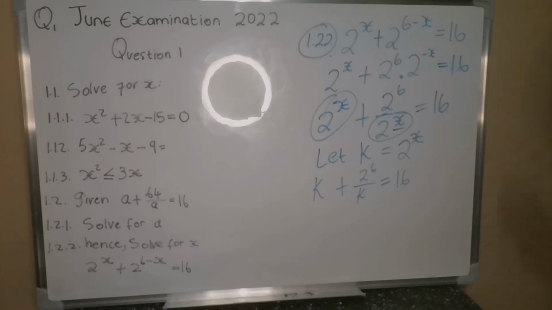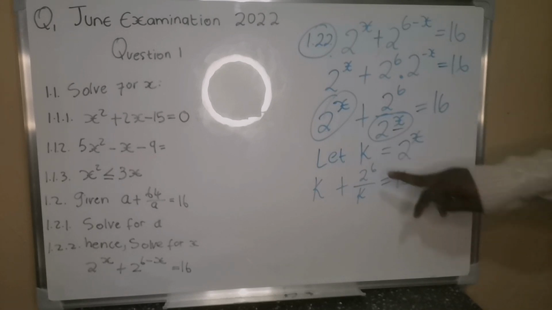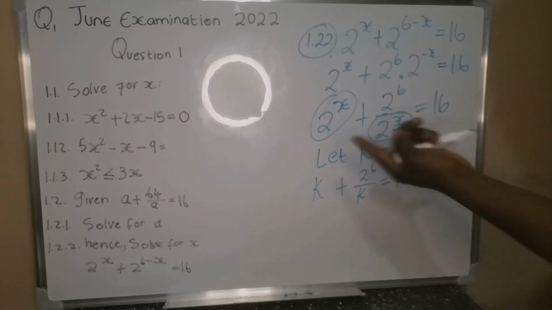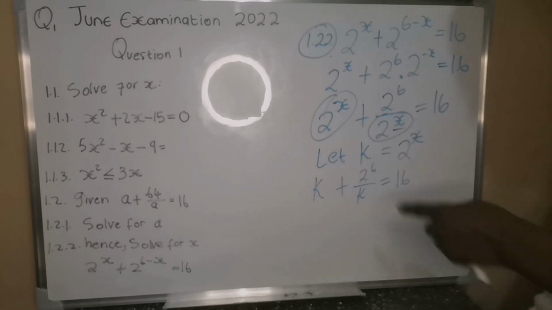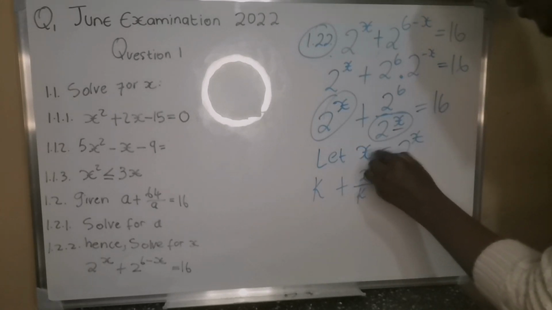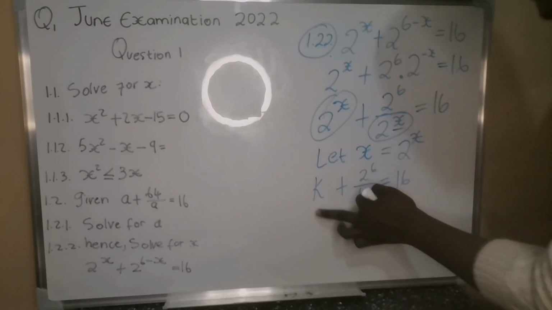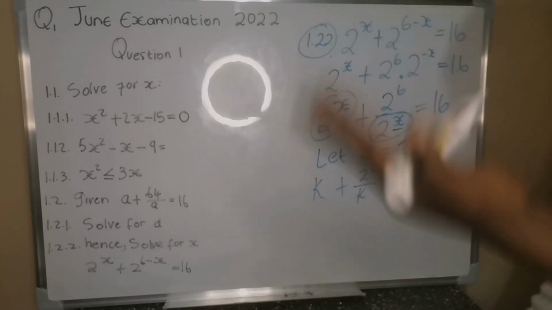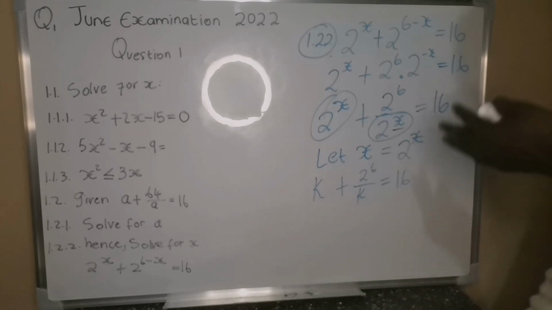Then now, solve for K. Or let me just say let x, to be familiar with you. It is the very same method. K is still the same, it is still the K method basically. There's no difference there.